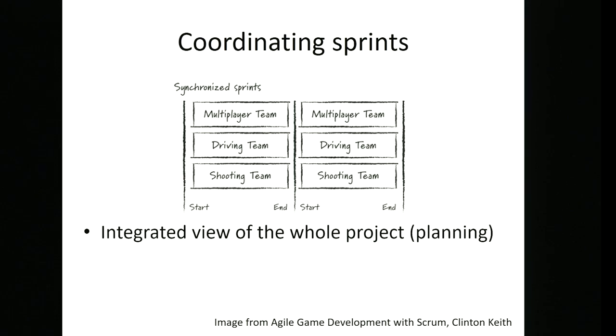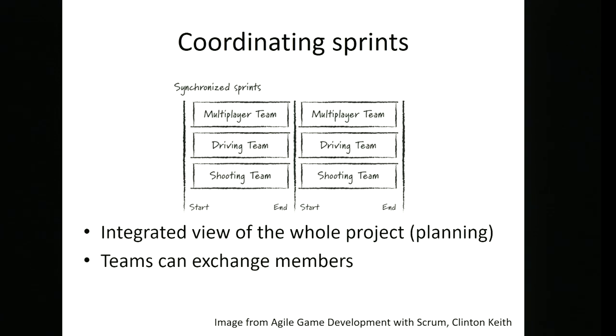It also means that teams can exchange members, because we talked about sharing team members. That would be difficult to do in the staggered sprints situation, because you would have to have people leaving a team in the middle of a sprint, which is something we generally don't do. Certainly wouldn't want to plan to do it.